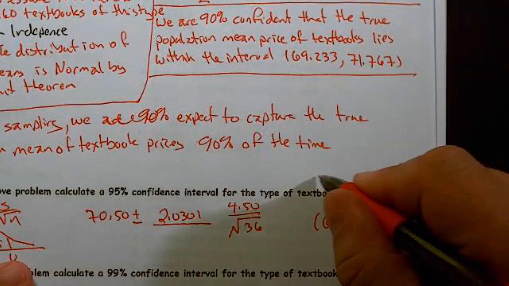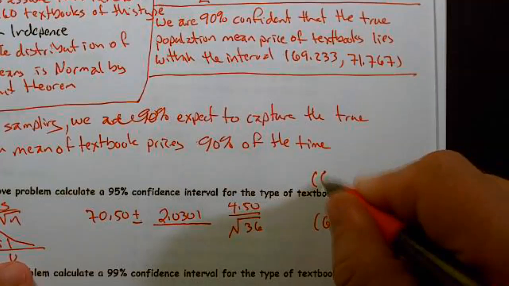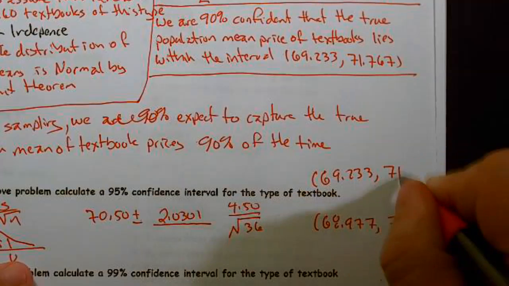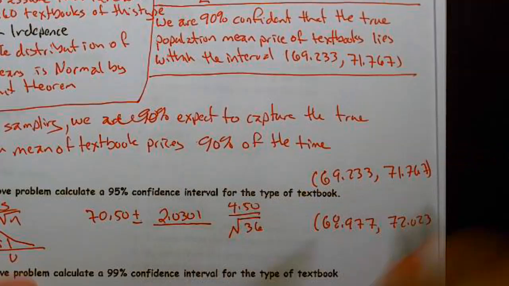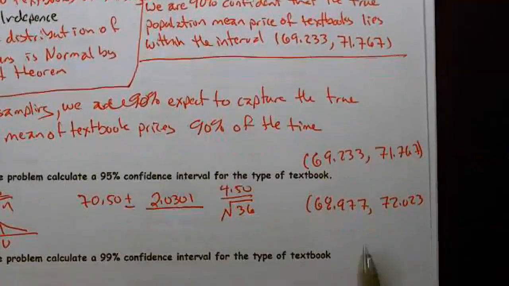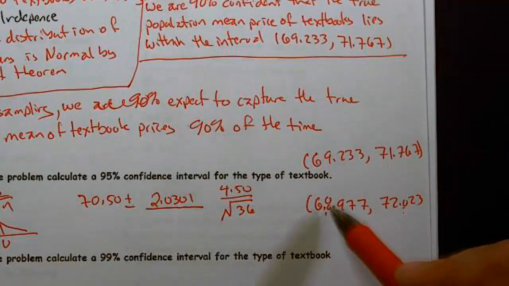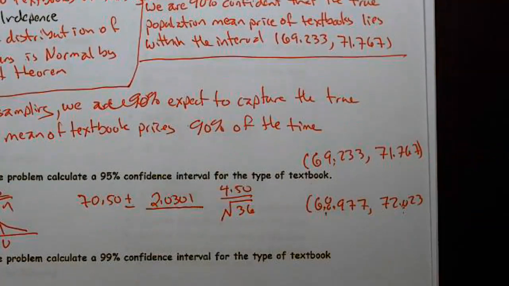My previous interval was 69.233 and 71.767. All right, so this one is a little bit lower. The lower bound is a little bit lower, and the upper is a little bit higher. 68 is lower than 69, 72 is higher than 71.